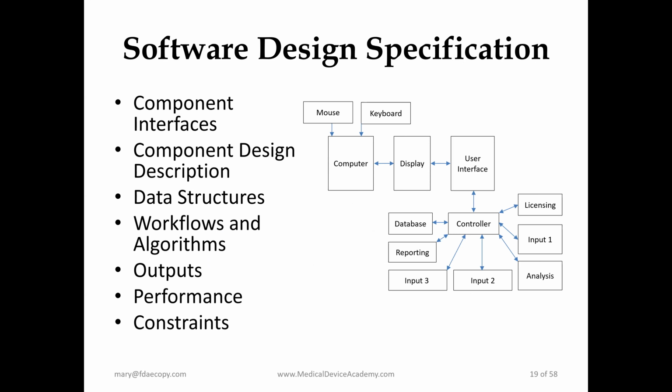What are the interfaces of that particular component within the software? What is the general description? What is it doing? Are there any data structures, workflows, or algorithms in that part of the software? What are the outputs, and where is that information going? And then the performance of that component and any relevant constraints.